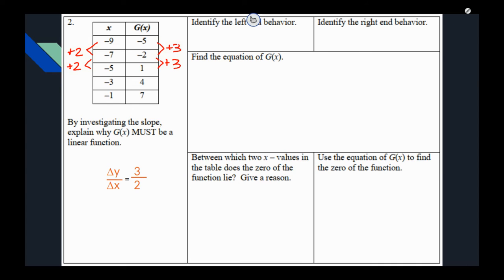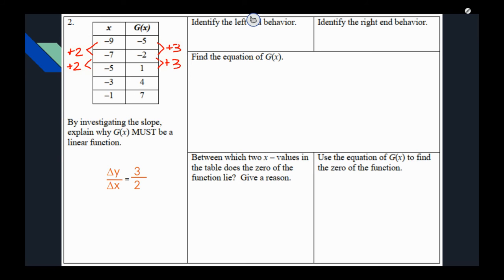Okay, so hopefully you got that the slope was 3/2, because your y values go up by 3 for every time your x values go up by 2. So if it's a positive slope, it's going to go up from left to right, correct? Okay, so that means on the left-hand side of your graph, your y values are going to approach what?